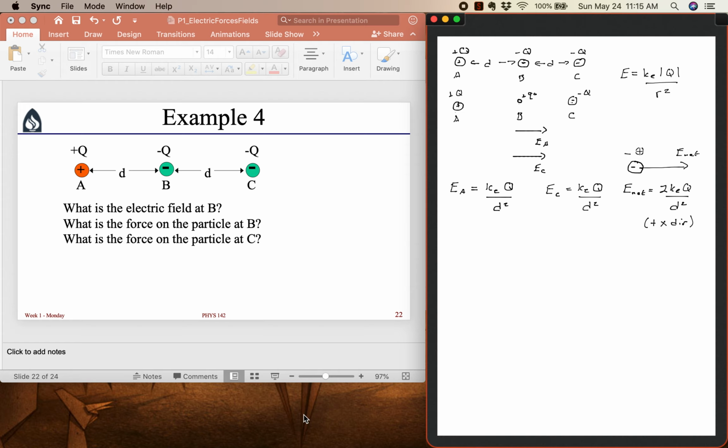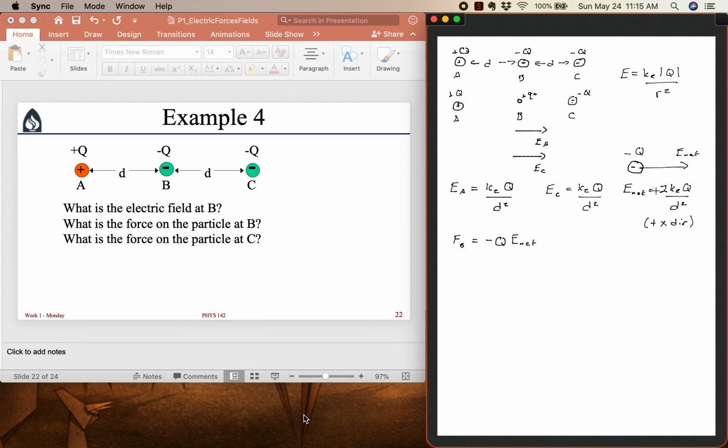It had a charge of minus Q. So the net force acting on charge B is going to be equal to the charge, including the sign, minus Q, times the net electric field, E net, that acts at location B.